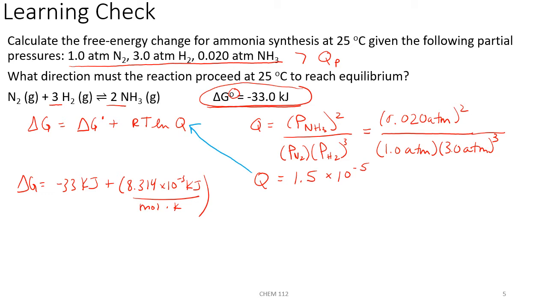That's why we have 10 to the negative third, times our temperature. We were told 25 degrees Celsius, which in Kelvin is 298 Kelvin, times ln of Q, and we just calculated Q to be 1.5 times 10 to the negative fifth.